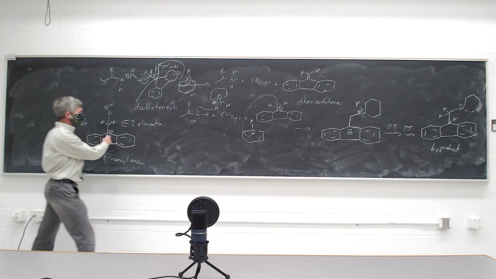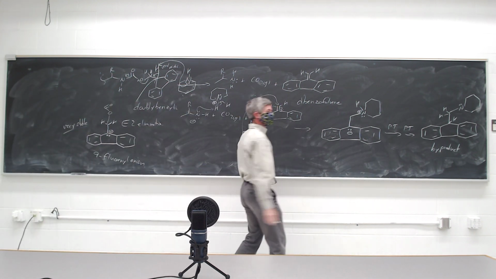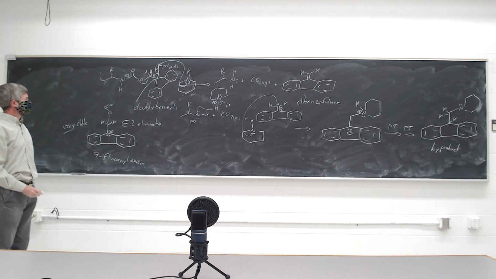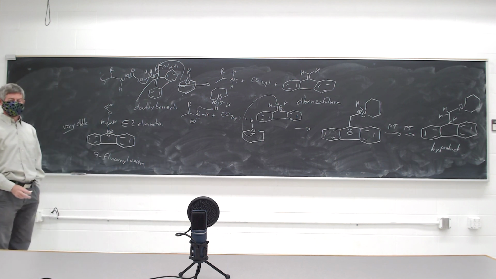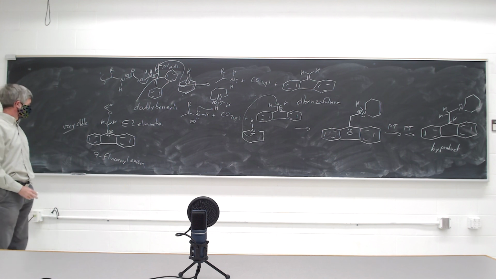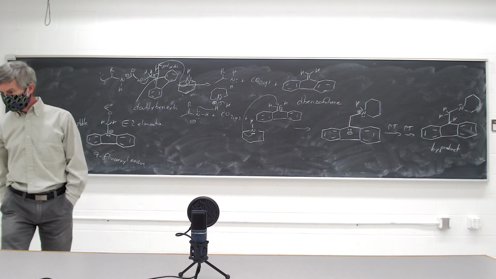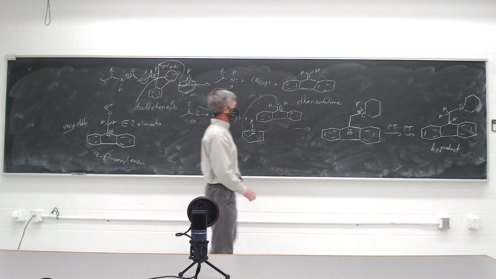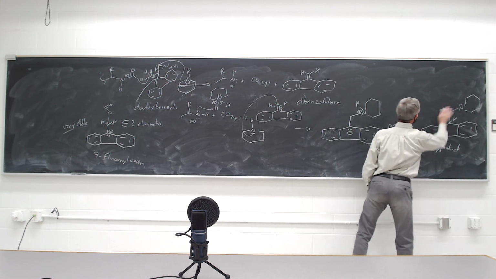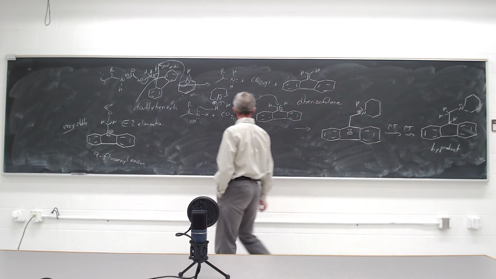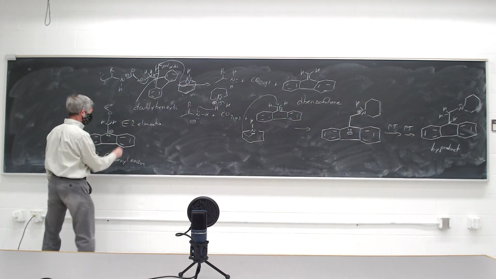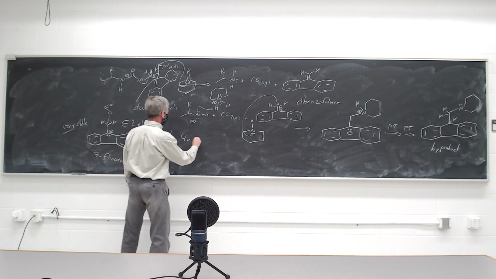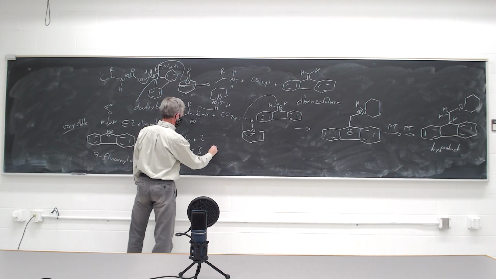What's so stable about these anions here that makes them form? Oh, no, not here. Here they should be. That one's protonated. So this is aromatic, right? It's 4n plus 2, where n equals 3, 14 pi electrons.